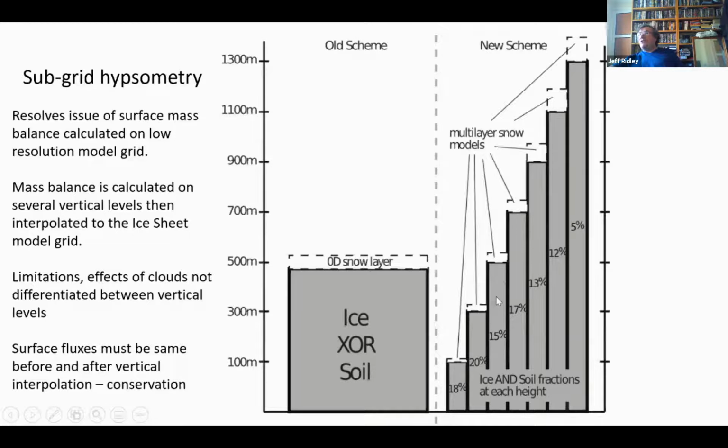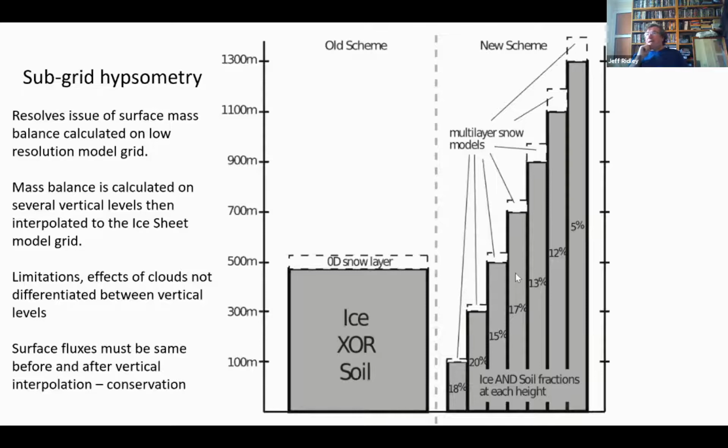But in the new scheme, in order to better resolve the edges of the ice sheet, we actually have a hypsometry, which means that the energy balance, or the surface mass balance, is calculated on, in our case, 10 levels, but it's flexible.